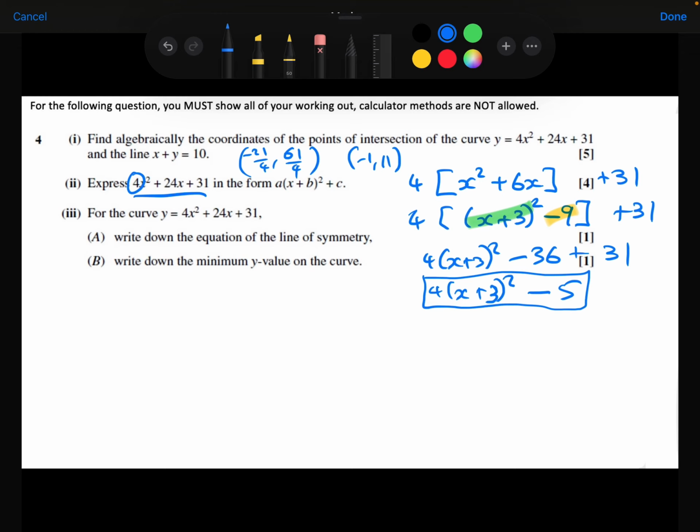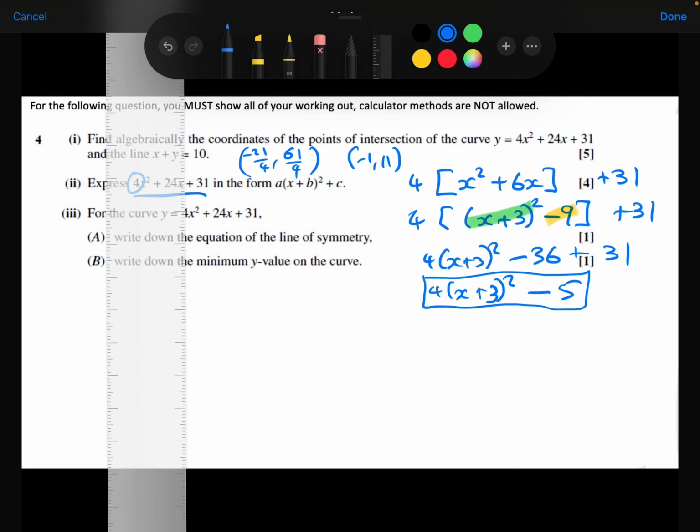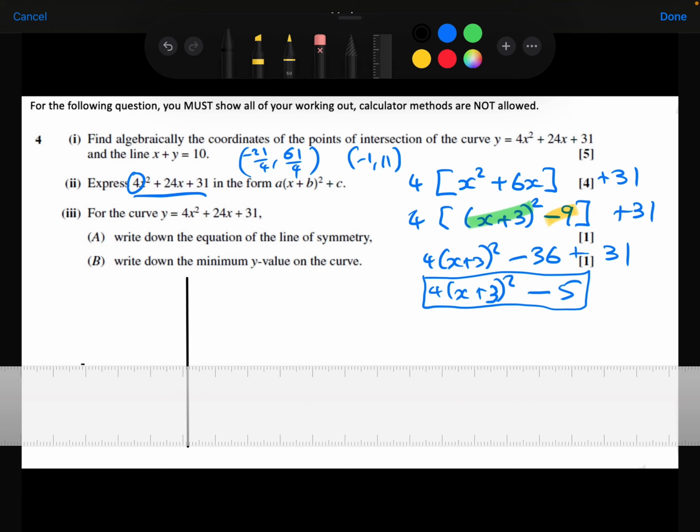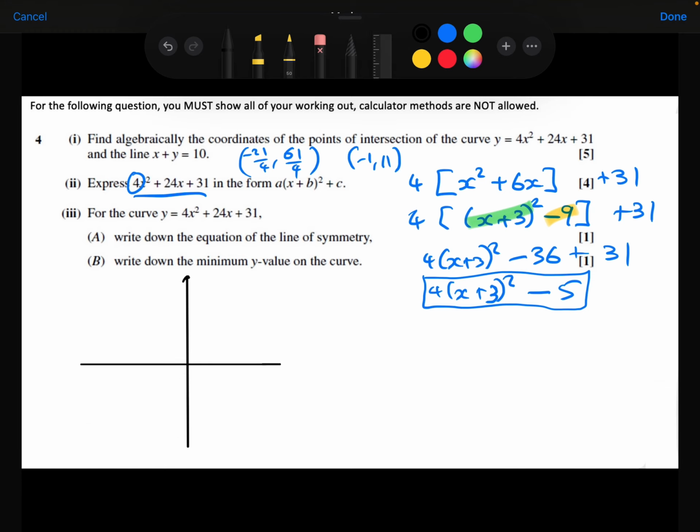And finally, for part III, or part 3, for the curve y equals 4x squared plus 24x plus 31, we need to write down the equation of the line of symmetry. If you're not sure about this, I think me drawing a quick sketch will help. It's really obvious once you can picture what's happening here.